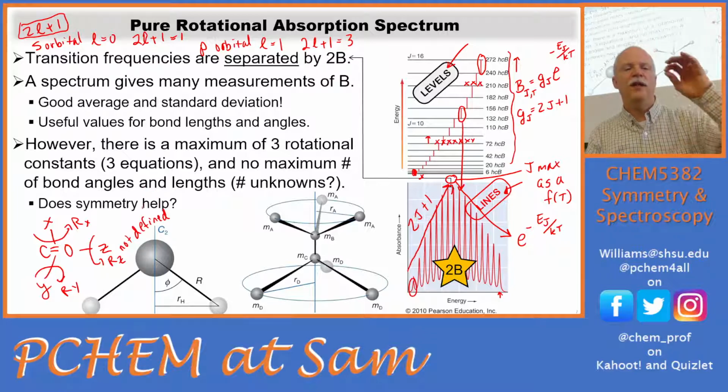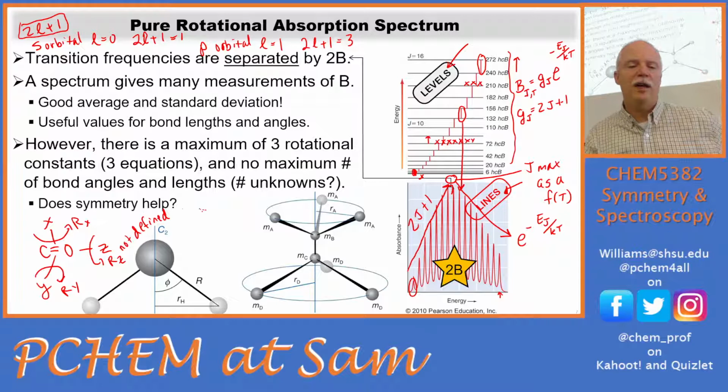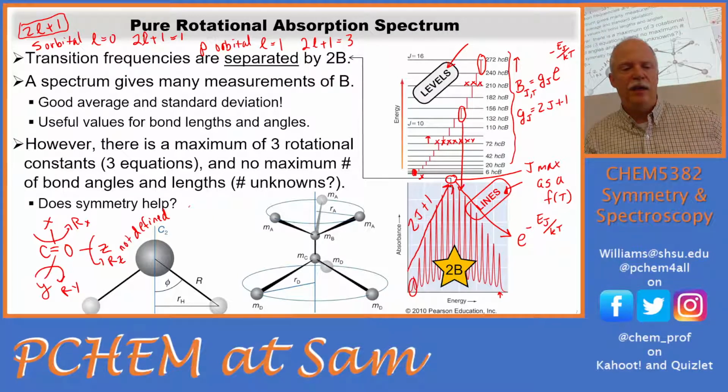And so if you do a Gaussian calculation on carbon monoxide, you're going to have your rotational constants, and it'll be like 1.93, 1.93, and then I think it puts asterisks for the third because it's not defined.